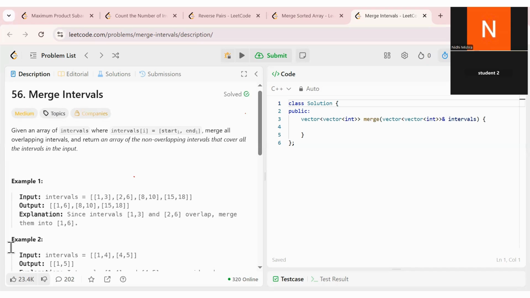Suppose brute force will be, I will be taking this and I have to compare this with the entire rest. Similarly for this. But brute force will be n square complexity, correct?